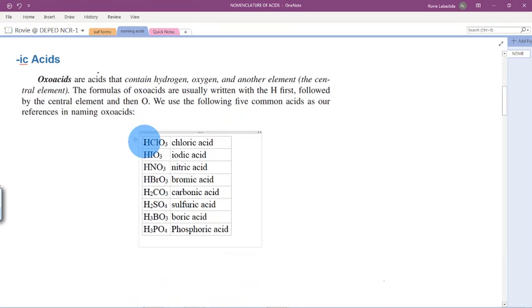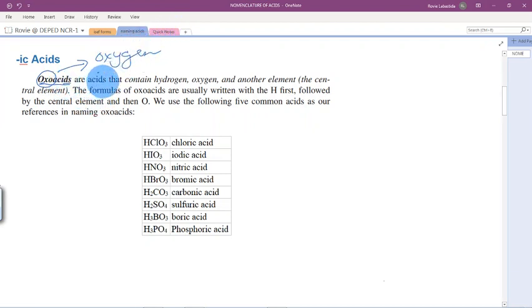Okay. So, let's discuss first the oxoacids. So, from the term itself, oxo, from oxygen, and acid.